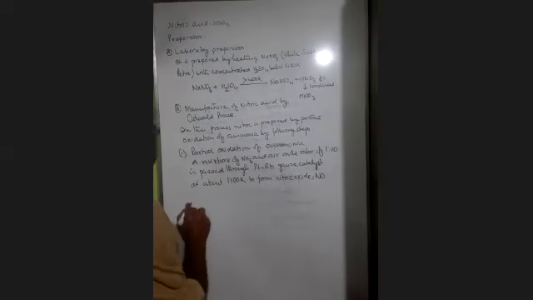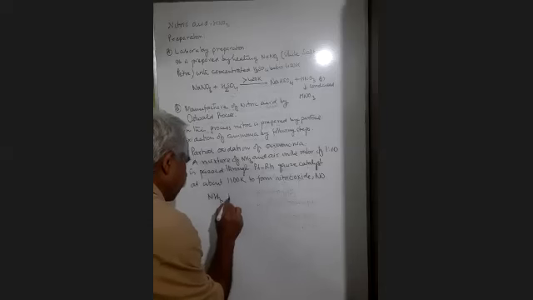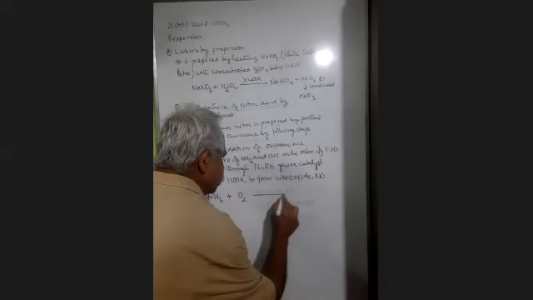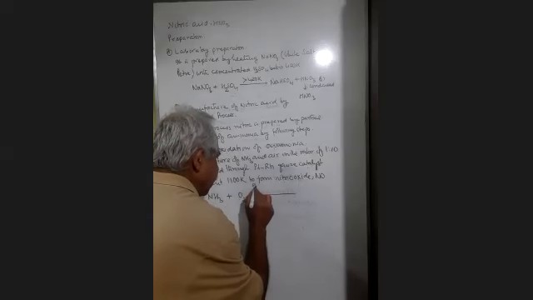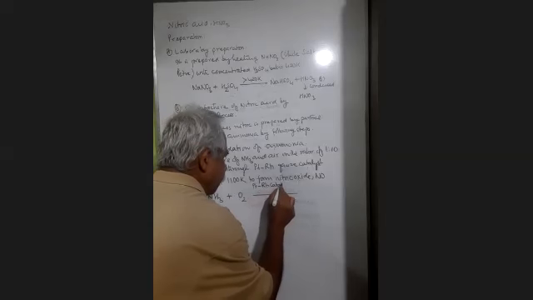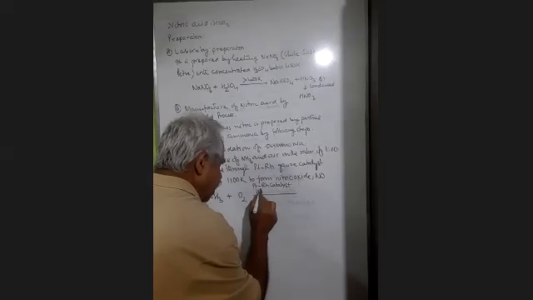Very easy. Like in roasting, I told 23, 22. Here also you see. Otherwise, sometimes it's difficult for you to remember. Platinum, rhodium, catalyst, 1100.